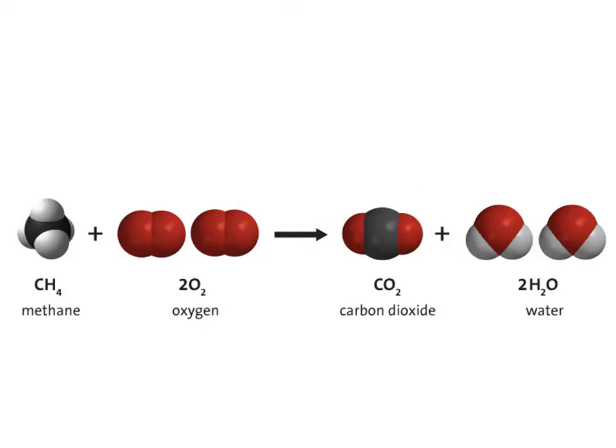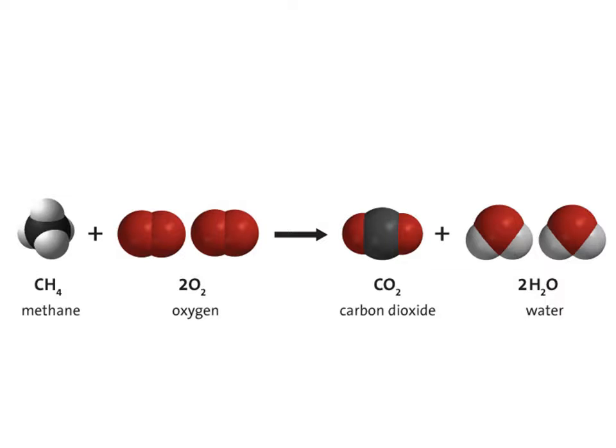Another way to do it is with these models. In this case you have each molecule represented by spheres or half spheres. For example, methane, the carbon is represented by a black sphere, and the hydrogen atoms are represented by white half spheres. And then you have the oxygen molecules.